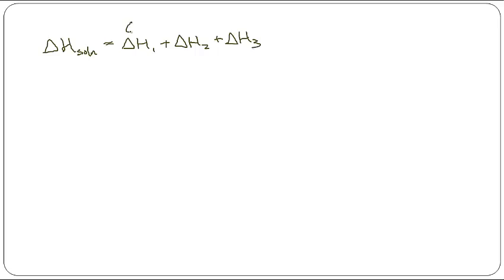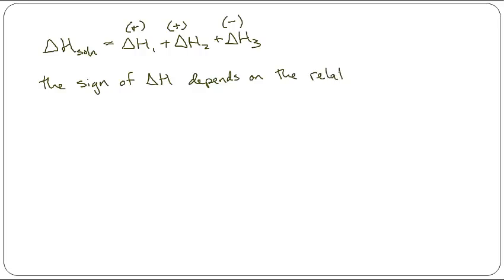So this is going to be positive, this is going to be positive, and this is going to be negative. And the sign of delta H depends on the relative strengths of attraction.